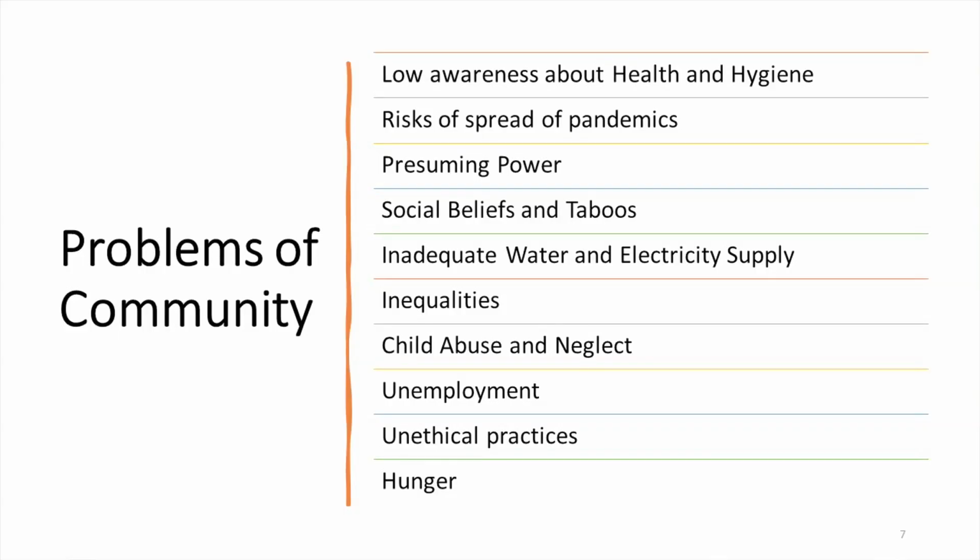The problem of low level of education, the problem of health and hygiene can be seen, risks of spread of pandemics, people presume power is a problem, social beliefs and taboos are problems, inadequate water supply and electricity supply in rural areas is a problem, and inequalities in the form of gender, inequalities in the form of income, inequalities in the form of caste can be very easily seen in the communities.